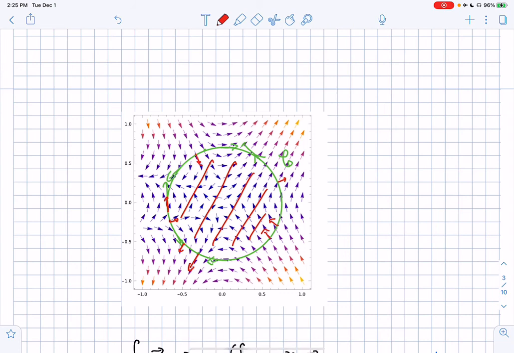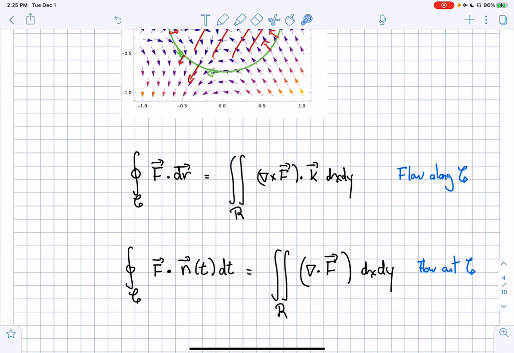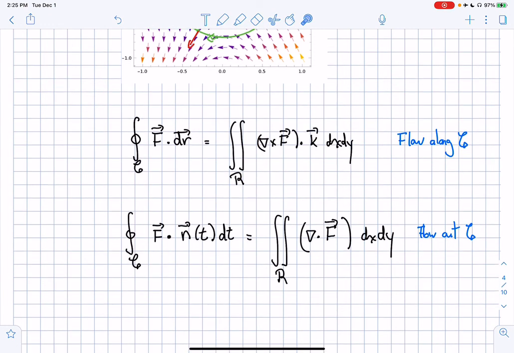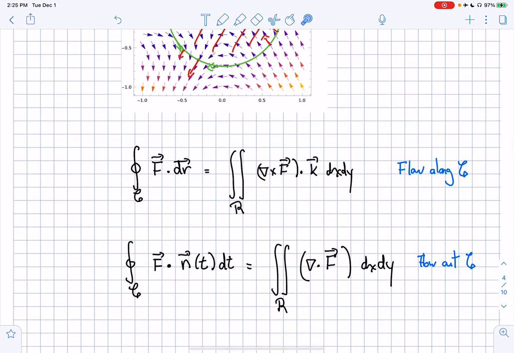Okay. So in the first version you're summing all the contributions of the vector field along the curve, and it turns out that this is related to the double integral of the curl. And in the second version, you're summing everything that comes out of the curve, and that's equal to the double integral of the divergence.